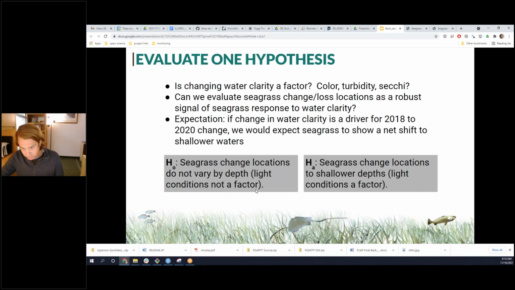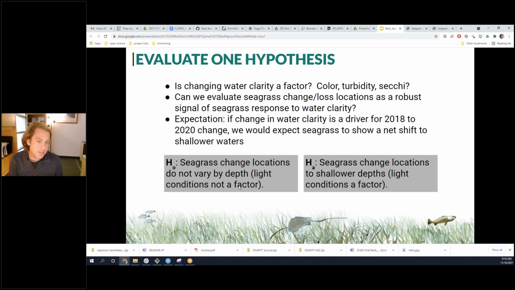So in the guise of conventional scientific analysis, we have our null hypothesis that, if light conditions aren't a factor where we see seagrass gains and losses, then we might expect these changes not to vary as a function of depth.